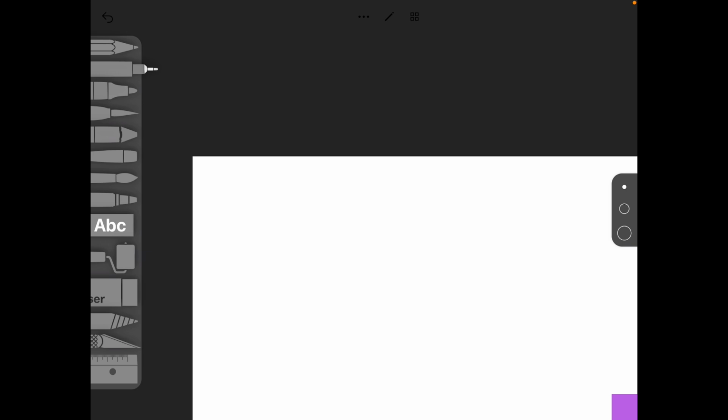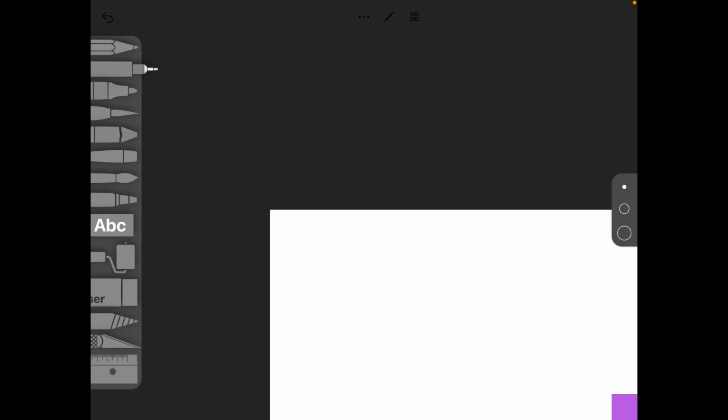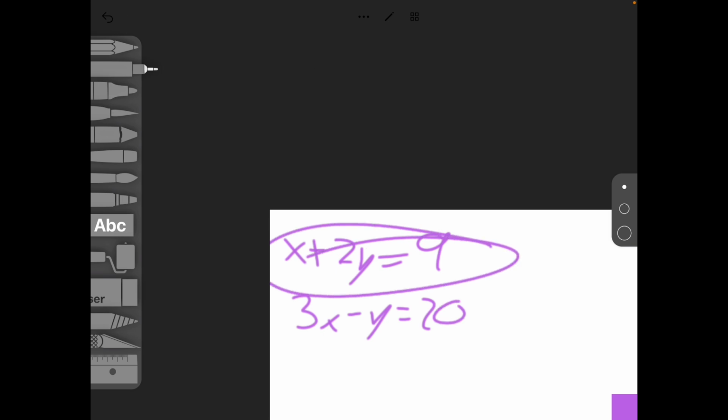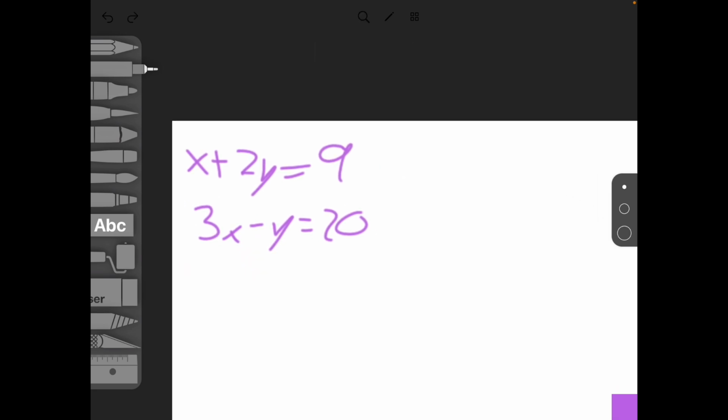Okay, for example, if we wanted to solve the system x plus 2y equals 9 and 3x minus y equals 20, we would first have to multiply the first whole equation by the coefficient 3 of x, because we want to reduce x.